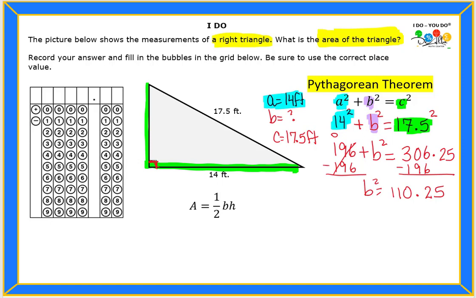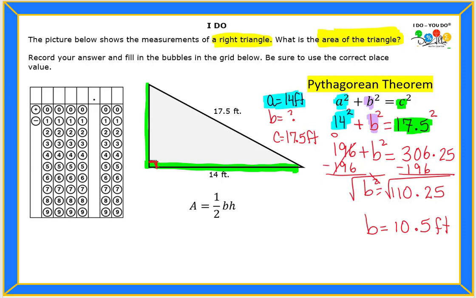So what I need to do next is find the square root on both sides. And remember, this is the last step that we always do on Pythagorean theorem, more than likely, right? So my square cancels with my square root, and I get B equals 10.5. And the measurements that I'm using, the units, it's feet.